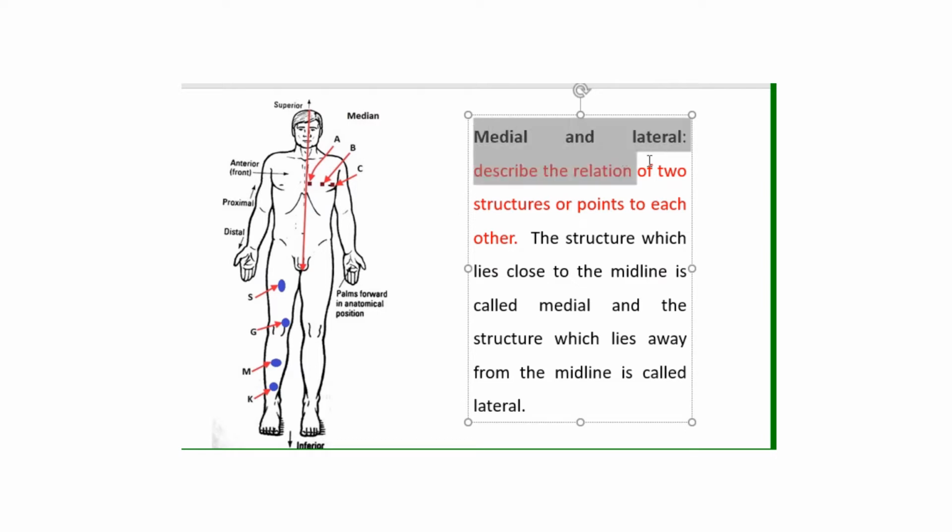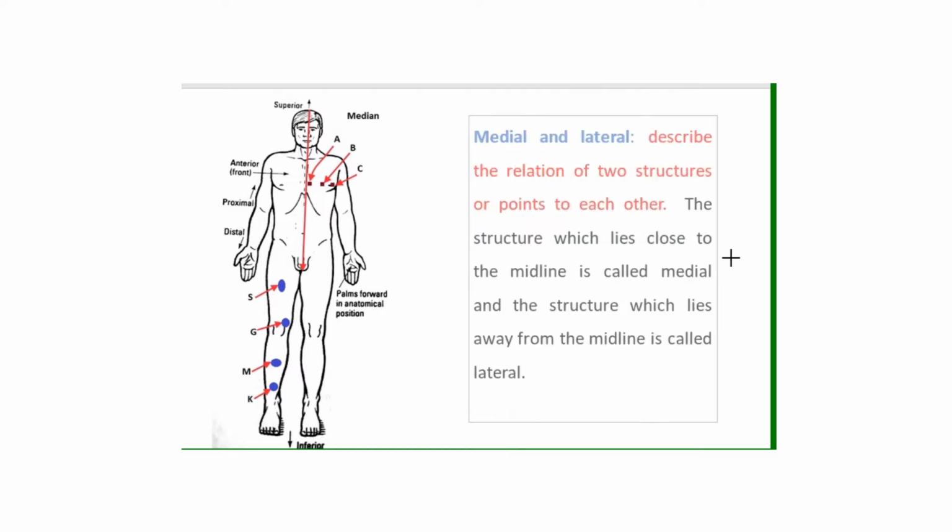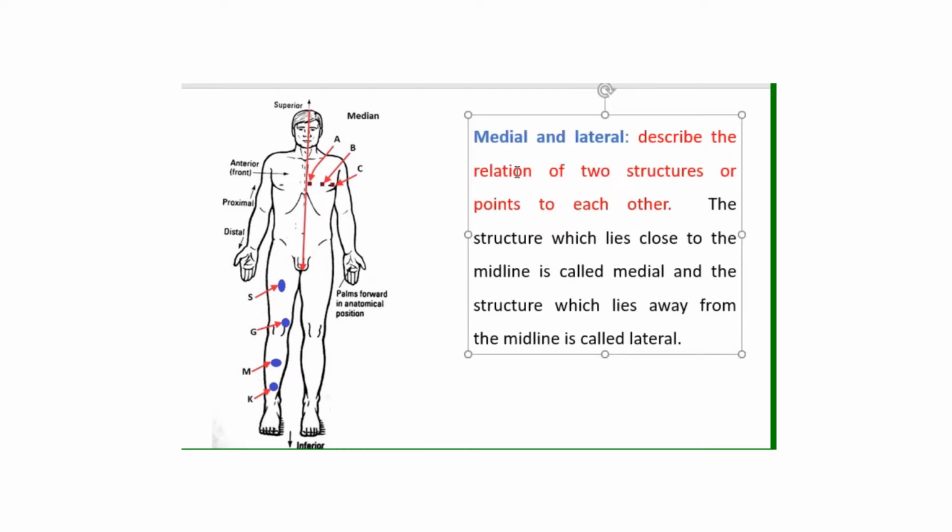Medial and lateral are terms to describe the relation of two points or two structures to each other. The structure of them which is present nearer to the midline is medial, and that away from the midline is lateral.